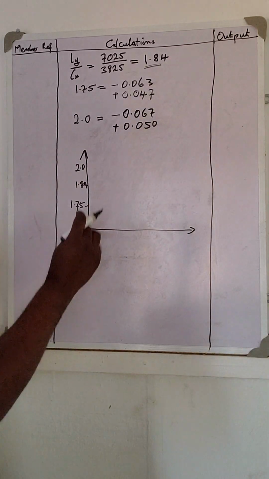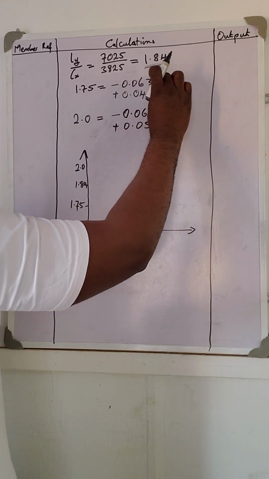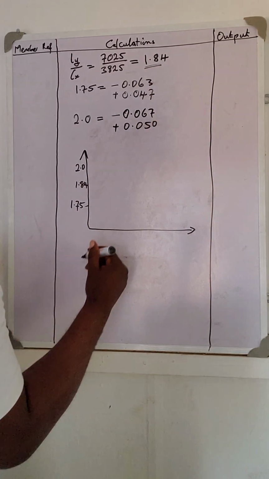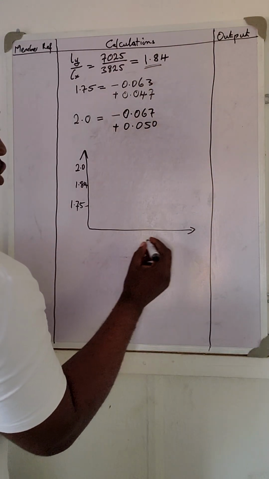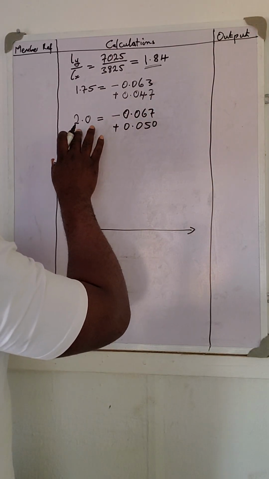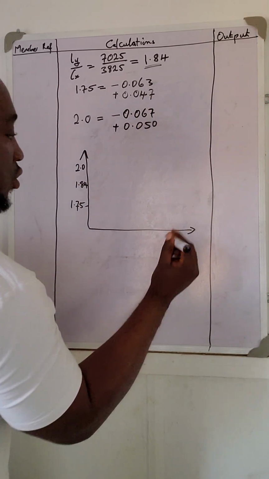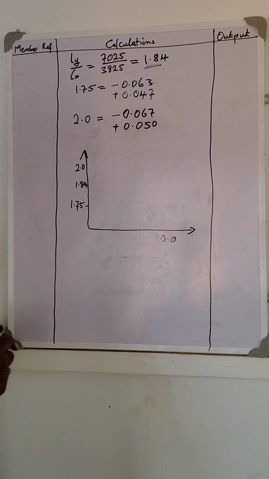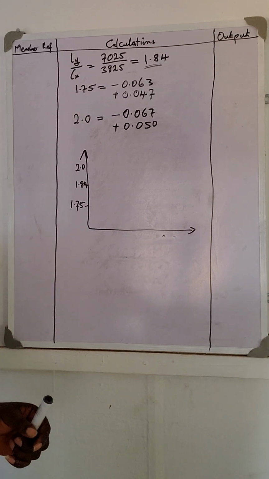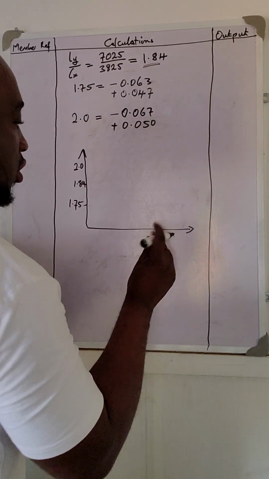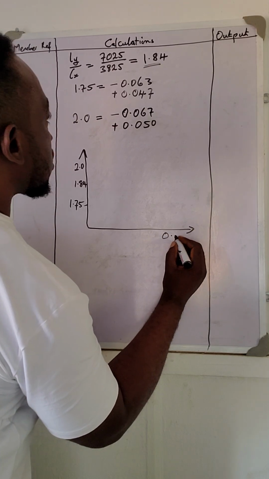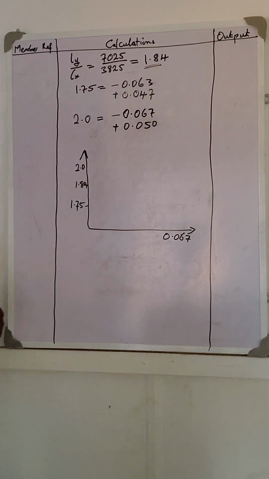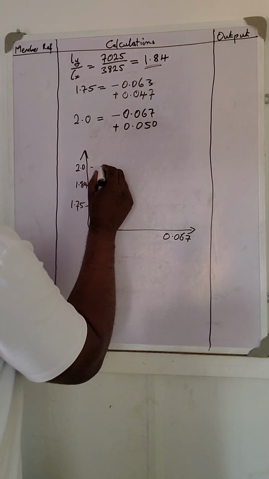When we are trying to get the value of 1.84 in the negative coefficient, we also come to this point for 2.0, negative coefficient of 0.067.